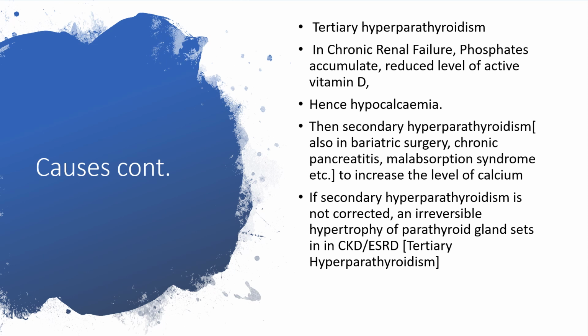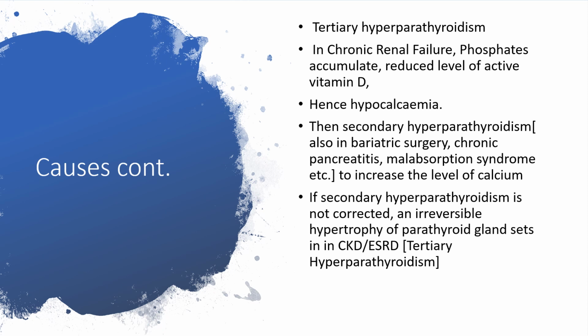Still on causes, we might be dealing with tertiary hyperparathyroidism. And listen to this. In chronic renal failure, phosphates will accumulate and there will be reduced level of active vitamin D. Hence, we'll be dealing with hypocalcemia.